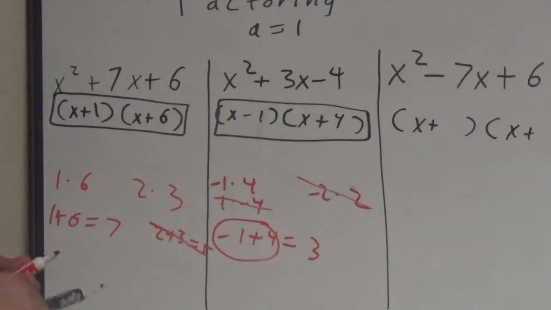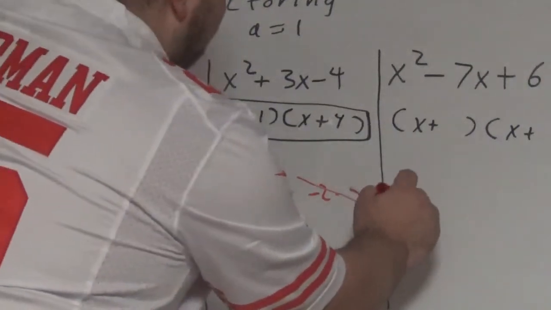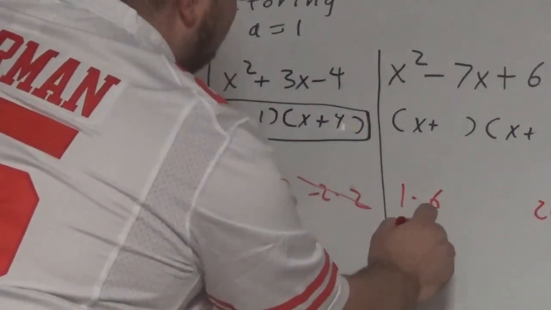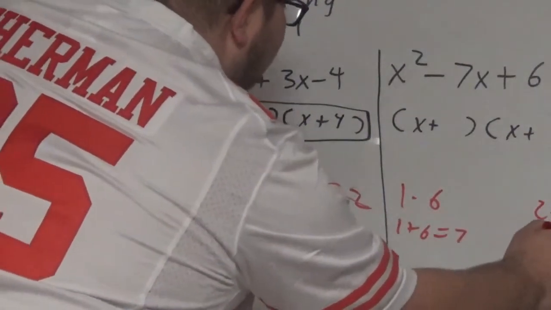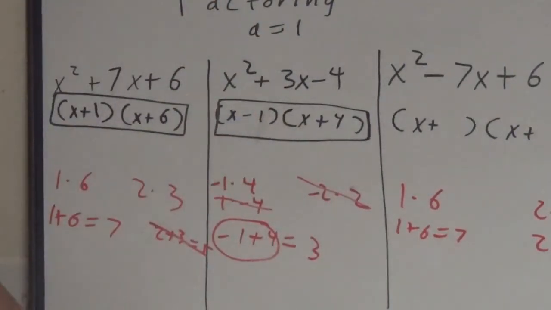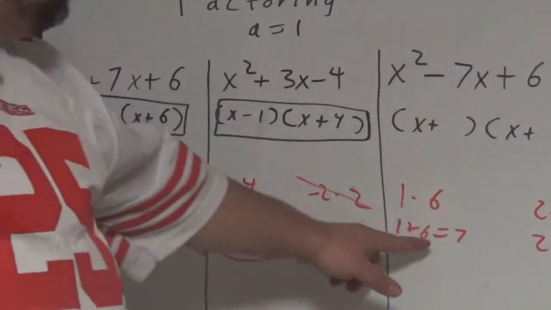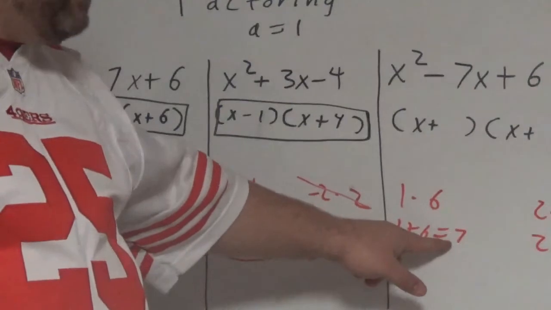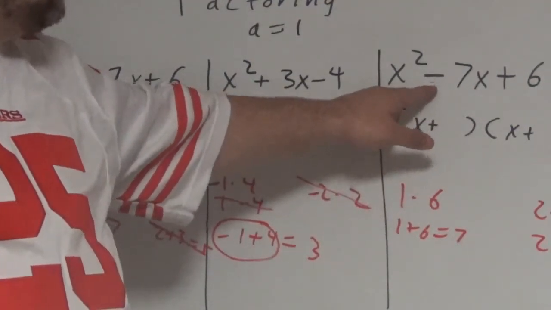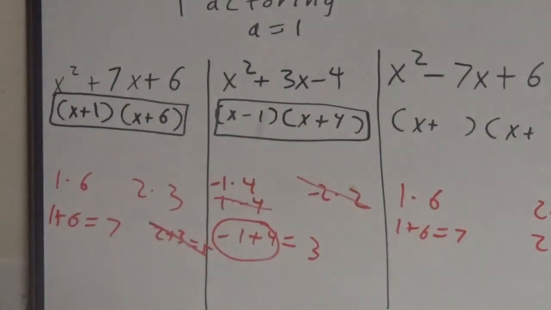Well, we know from before, the numbers that multiply to make 6: we have 1 times 6, and we have 2 times 3. We also know that 1 plus 6 is 7, and 2 plus 3 is 5. Notice any problems with this? Because 1 plus 6 is +7, but we don't want +7. We want -7.